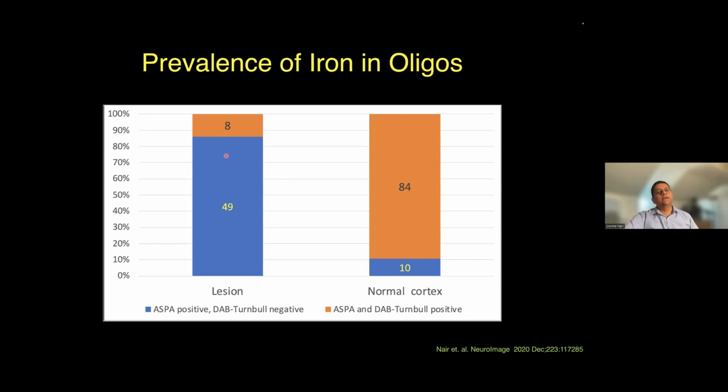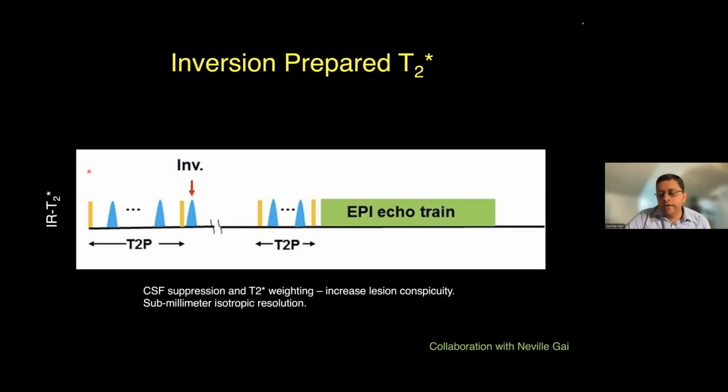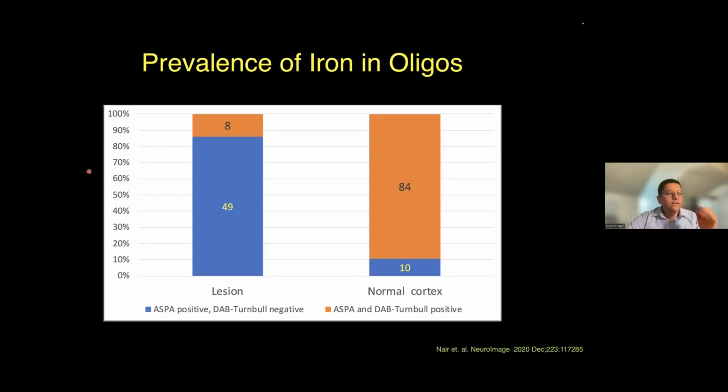The thinking is that these are probably remyelinated oligos. There could have been oligos and iron co-localizing everywhere, but the inflammatory attack wiped out all the oligos, and when the oligos came back, they did not come back with the amount of iron that we think was there before, right?